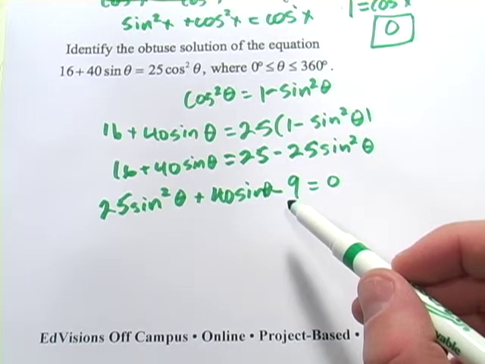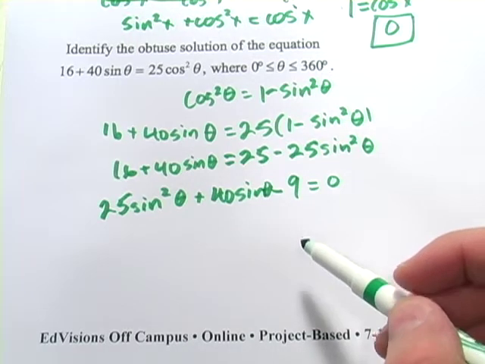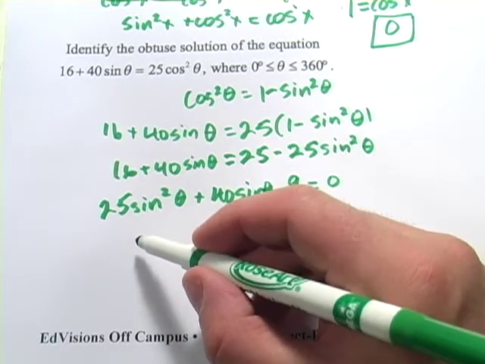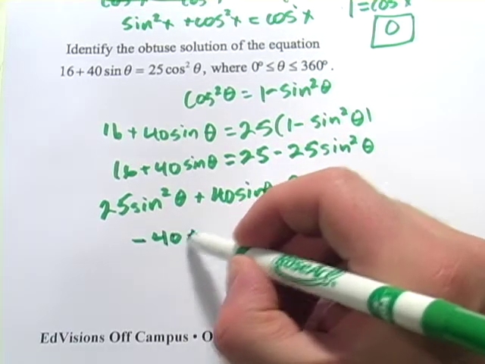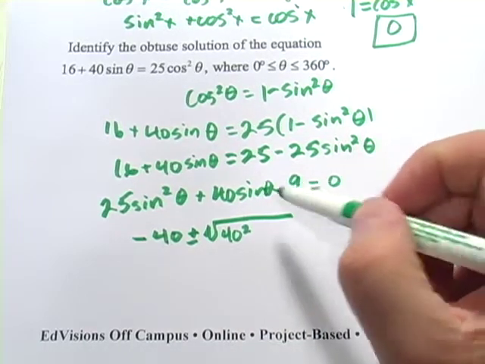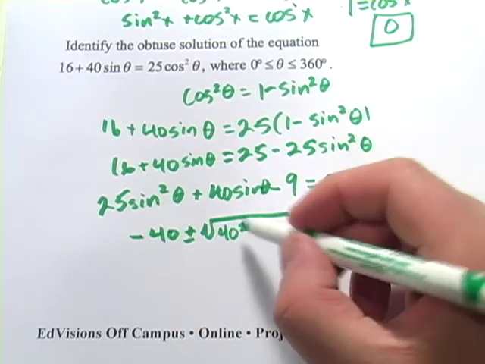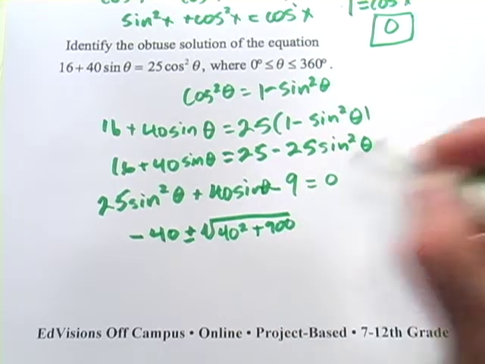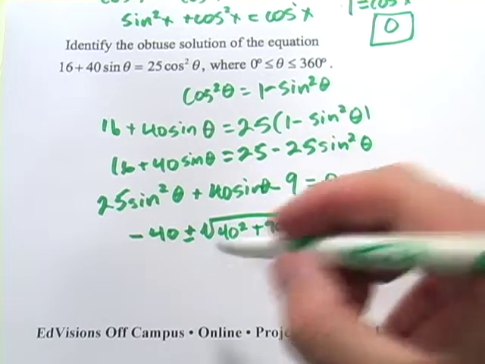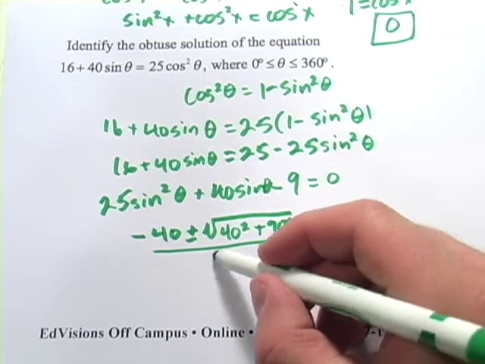Now, treating this just like a quadratic, you can put this in the quadratic formula if you want. You could put negative 40 plus or minus the square root of 40 squared, minus 4ac is actually going to be plus 900. And 1600 and 900, that's easy. So let's get our 2a under here.